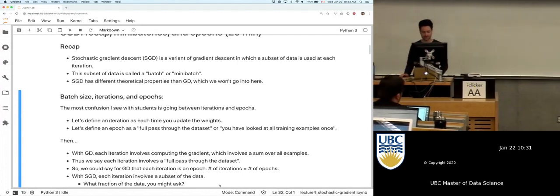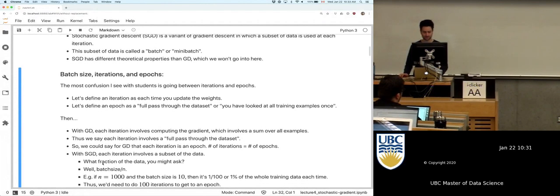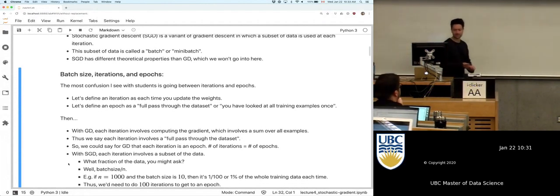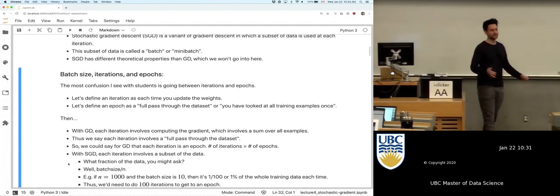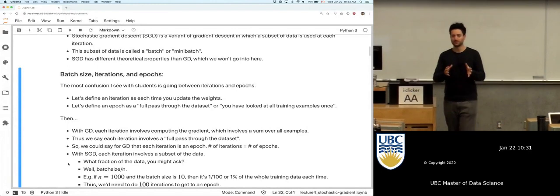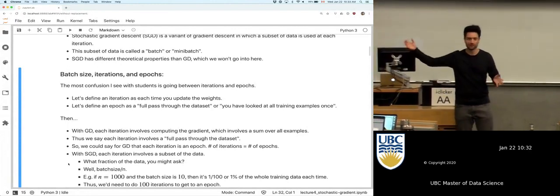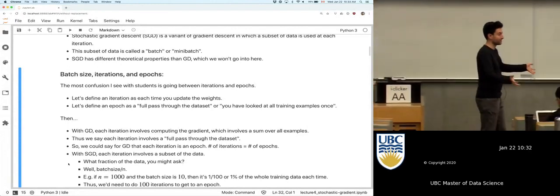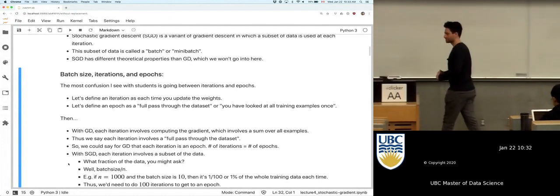But with stochastic gradient, it's different because each iteration involves a subset of the data. And what subset exactly? Well, it's the batch size over n. Because the batch size is how many you're looking at, n is how many there are in total, and so that fraction is the fraction of the total that you've just looked at.